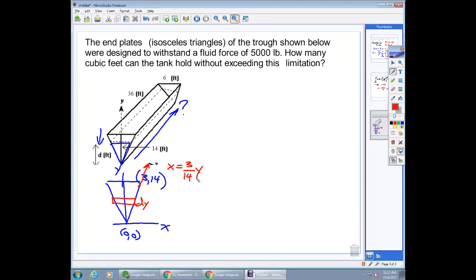So keep in mind what we just found right there is that horizontal distance there. So for this piece of area here, we need to double that. So a chunk of area for us here that we're examining the pressure of is going to be 2 times that. And then it's got a height of dy. So cleaning that up, chunk of area is 3/7 y dy.